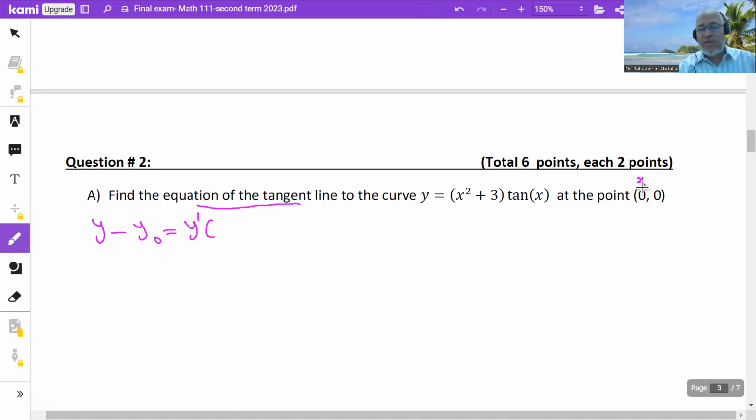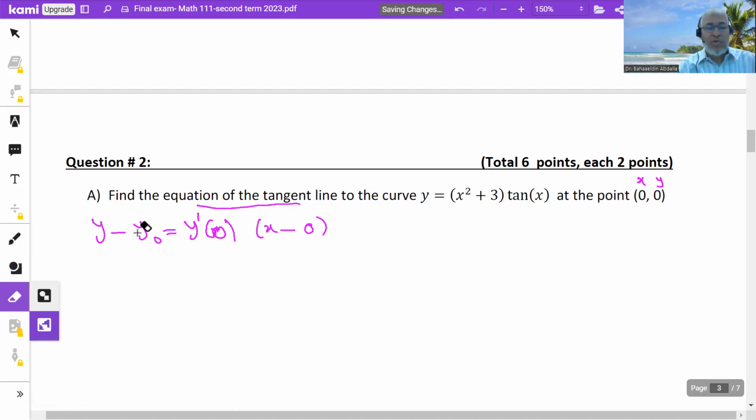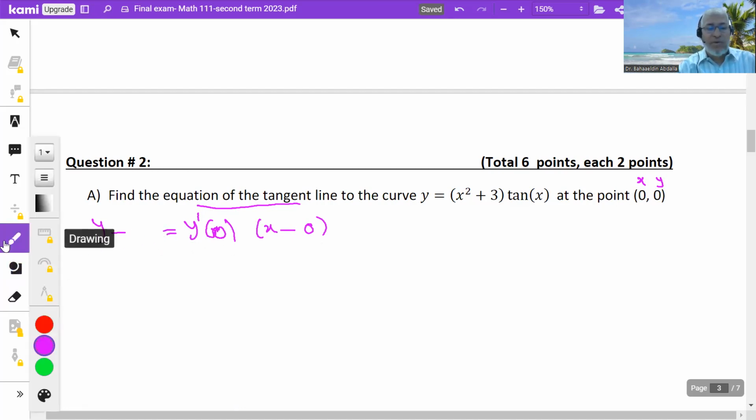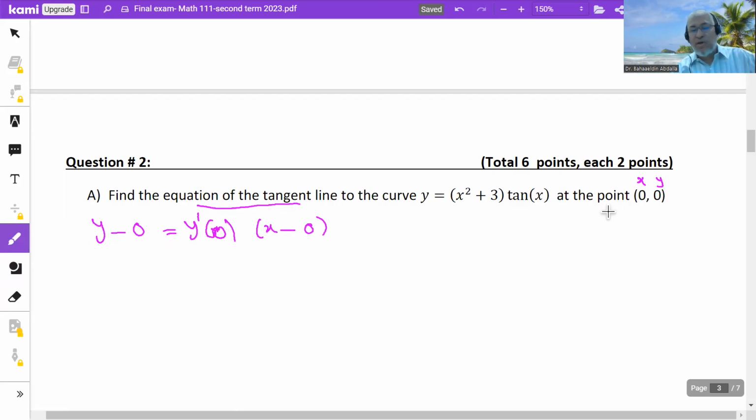Here x0 is 0 and y0 is 0, so the equation is y equals y prime at 0 times x.